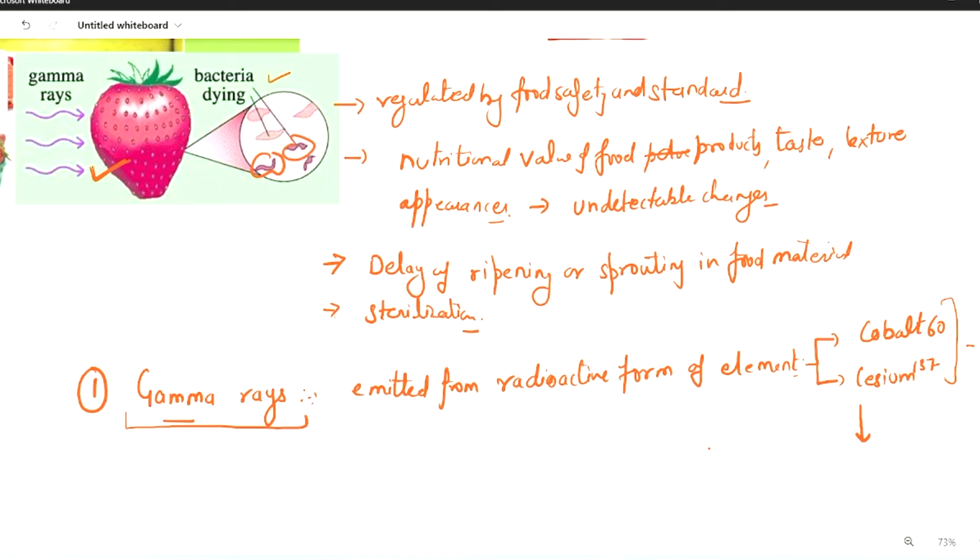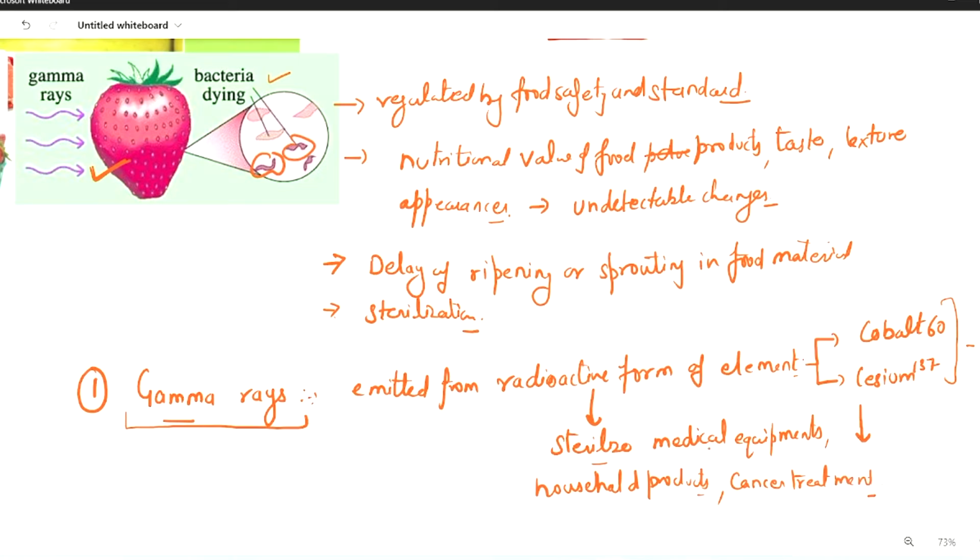Besides food material, this can be used to sterilize medical equipment, household products, and it is also used for cancer treatment.